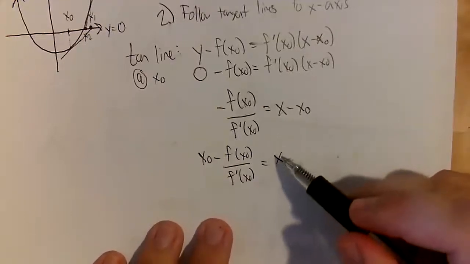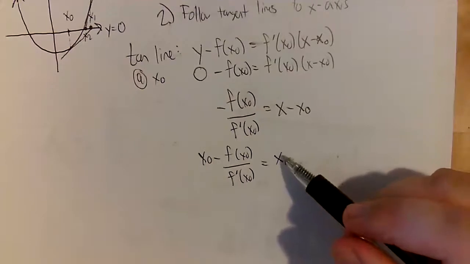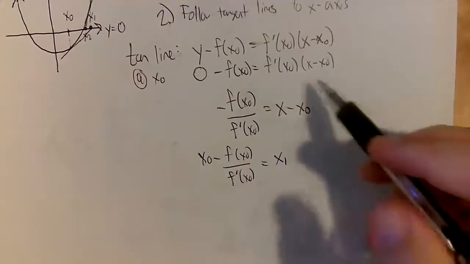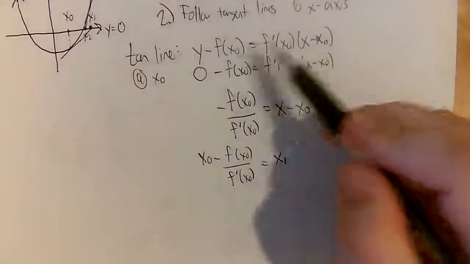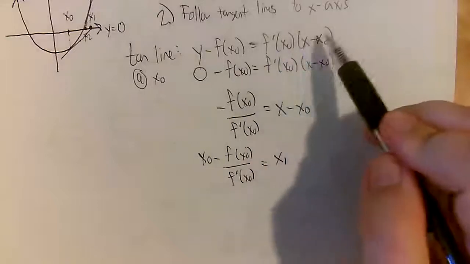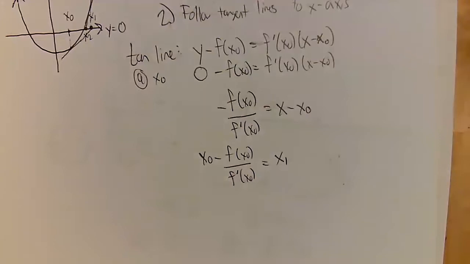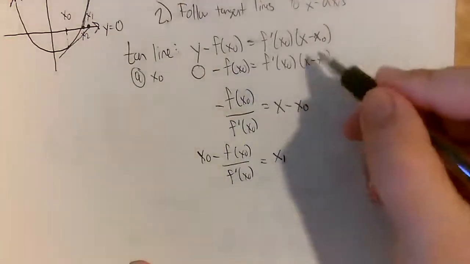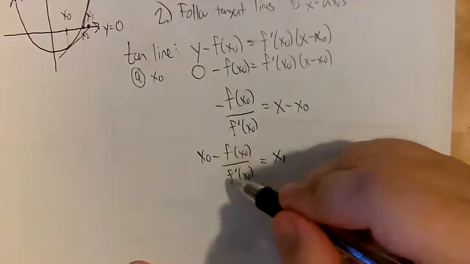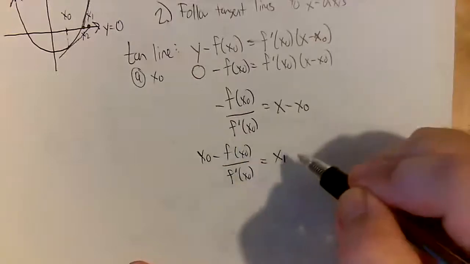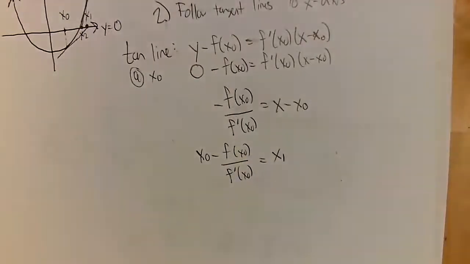And then I could either stop here, maybe one iteration of Newton's method is good enough, or if I want to repeat the process, I would simply replace all of these x naughts with x1. So I'm going to iterate this again. In fact, it wouldn't be too hard to write a computer program that repeats this process multiple times. So I plug x1 into here, do the algebra, and I would get this, except all of these would be x1s, and then this one would be something called x2.